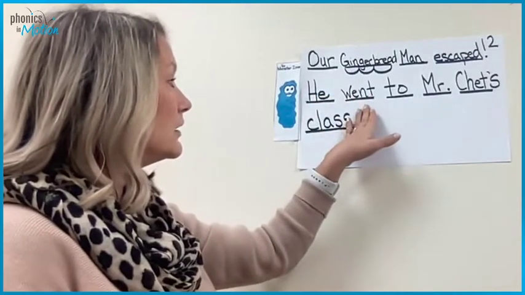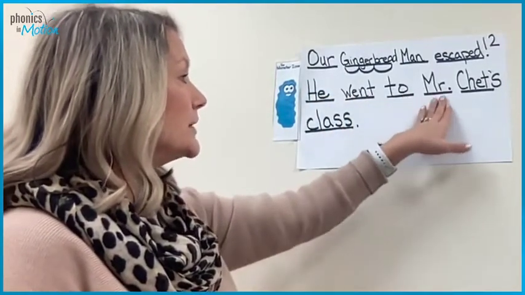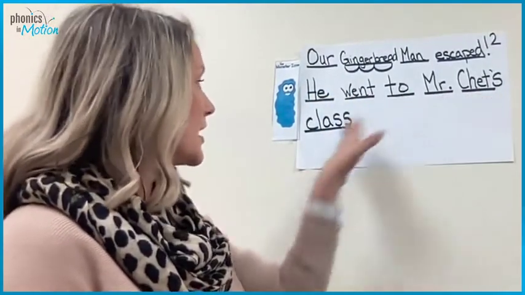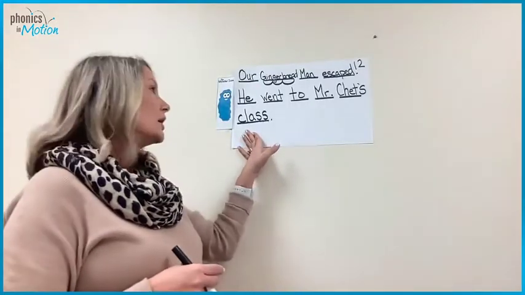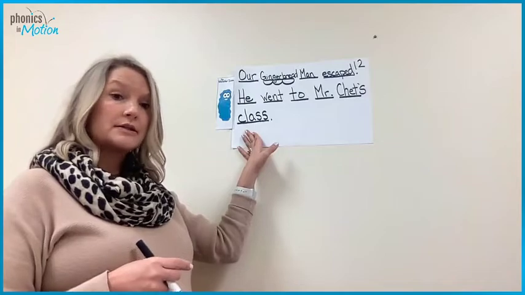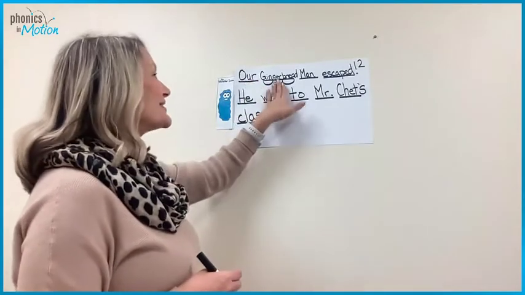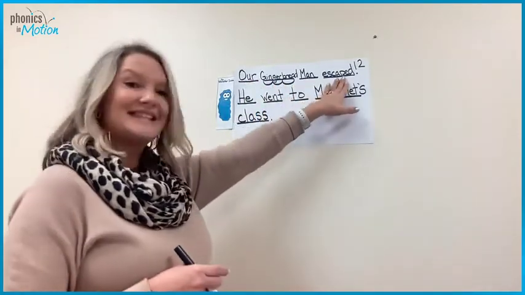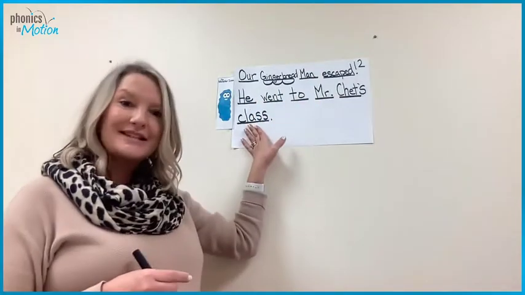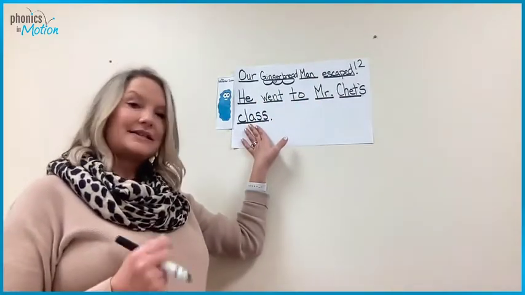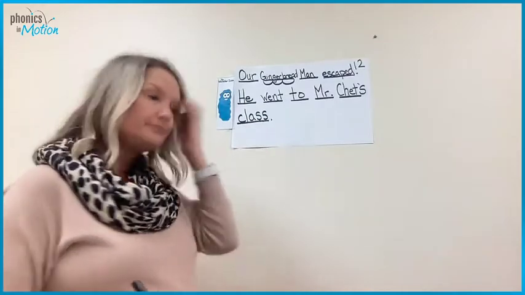He went to Mr. Chet's class. Okay, now I'm going to read it like a fluent reader. Just tell me what you think. Our gingerbread man escaped. He went to Mr. Chet's class. Which way sounds better? Yes, the second time sounded much better.